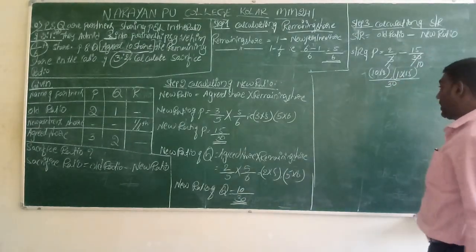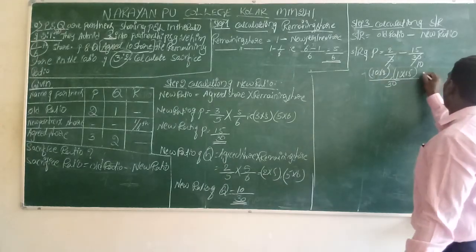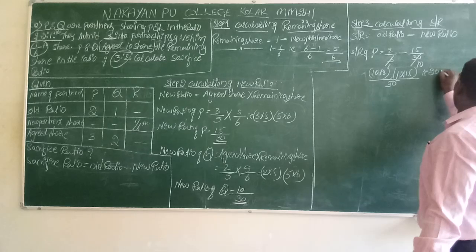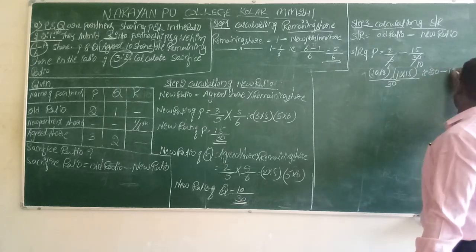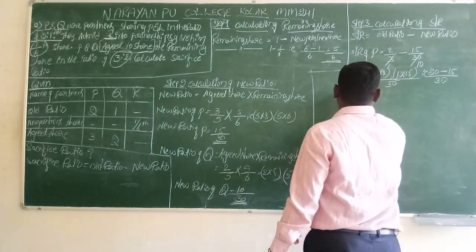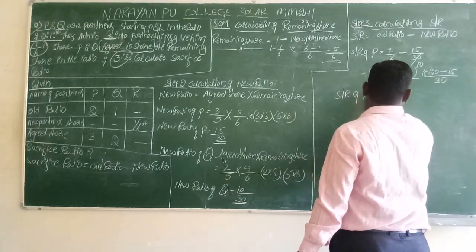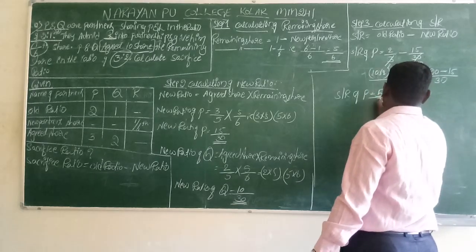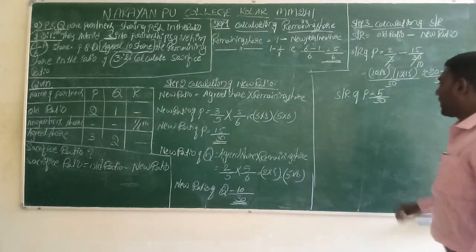Therefore, 10 2s are 20 minus 15 1s are 15 divided by 30. Sacrifice ratio of P is equal to 20 minus 15, 5 divided by 30.